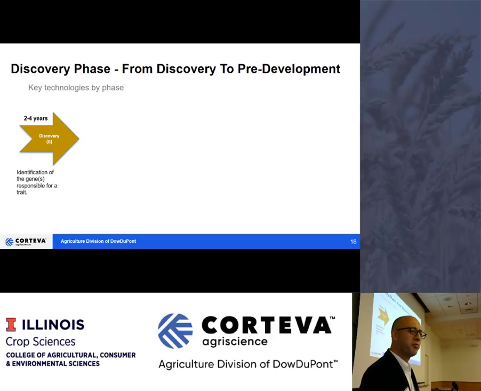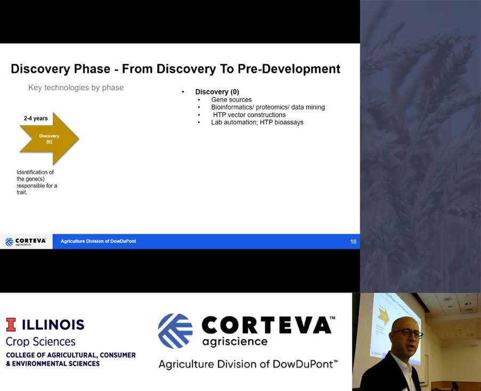So I'm now going to switch a little bit on what this means in terms of technologies, what is being used at each one of these stages. When we are talking about discovery, really we are talking about going into gene sources, using a lot of bioinformatic tools to see from all that sea of genes that are out there in the different collections, in the different sources that we have, organisms, selecting all the potential targets.